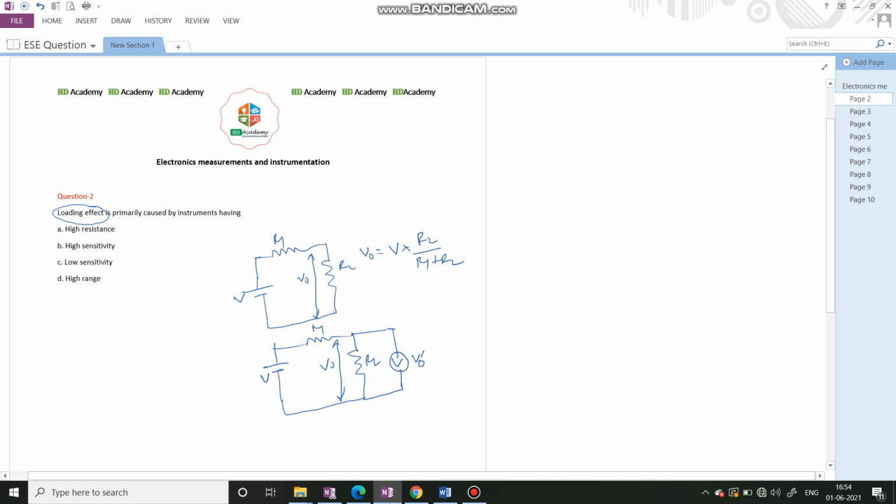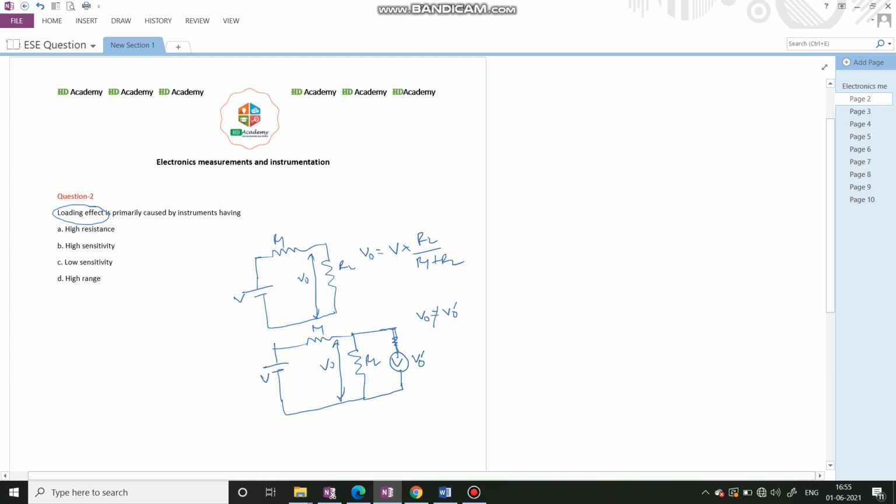Now, will V0 dash and V0 be the same? No, this will not be the same, because there is a resistance connected across this voltmeter, and it also affects the output voltage V0.